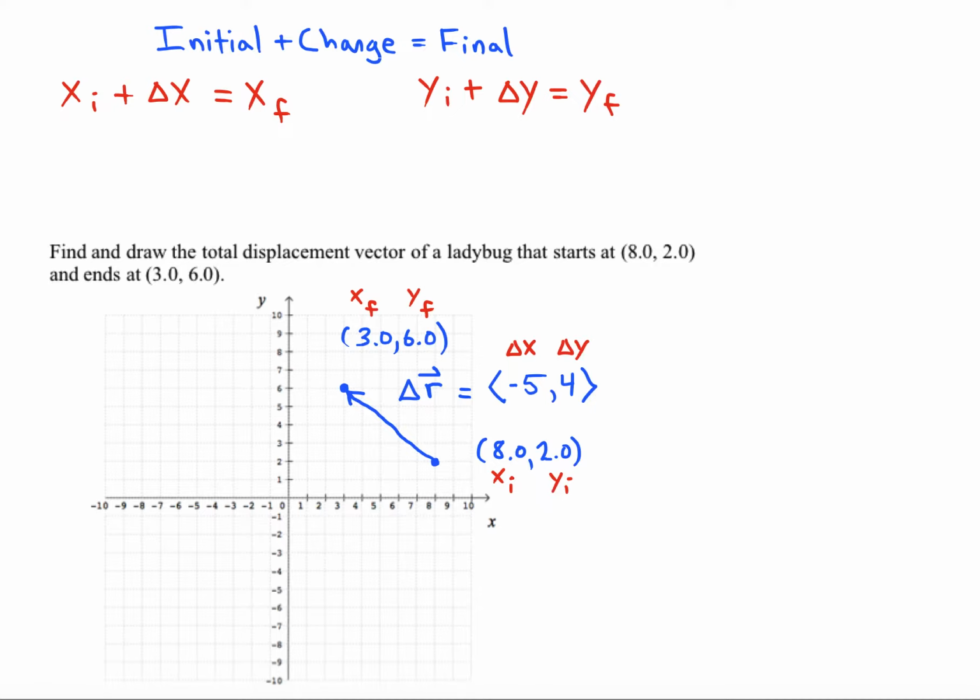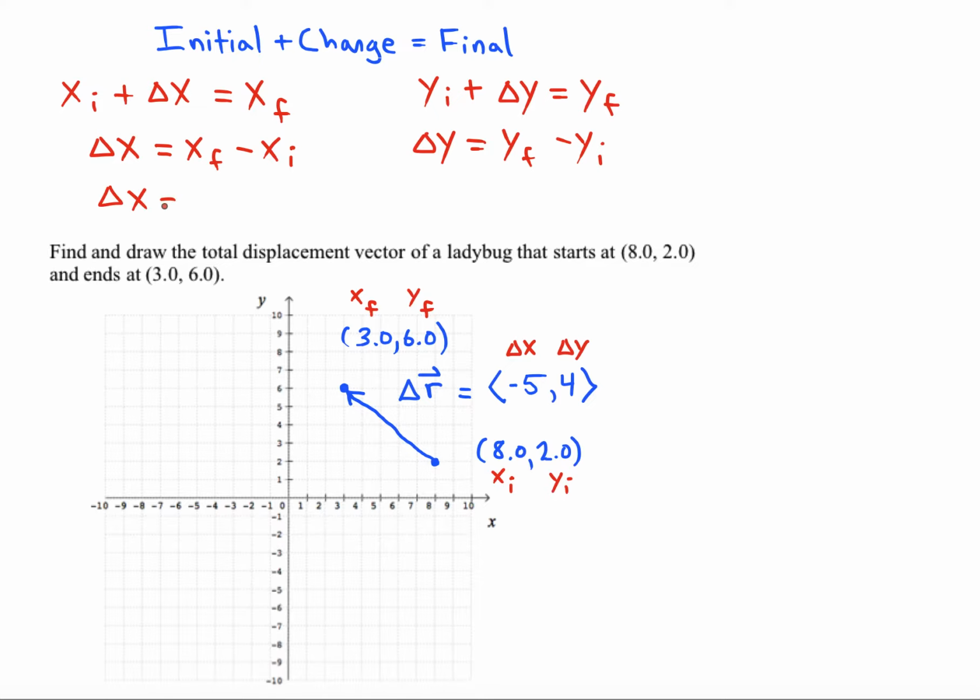Now let's pretend that we didn't just count that right now and we wanted to solve it through mathematics. We would rearrange these formulas, getting delta x equals xf minus xi, and delta y equals yf minus yi.